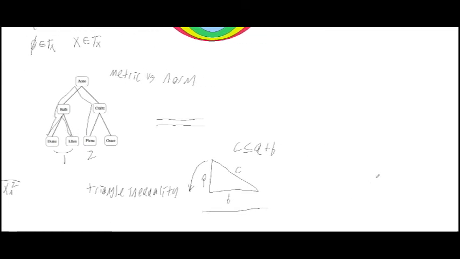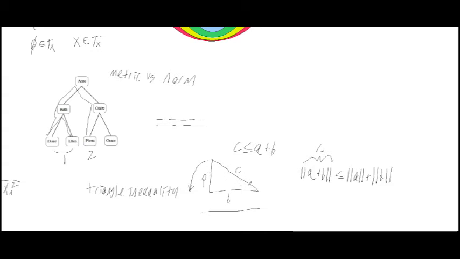When you see it as a norm, it is often shown as the norm of A plus B is less than or equal to the norm of A plus the norm of B. It's essentially just saying that one side of the triangle, this right here, would be equivalent to the C on our triangle.